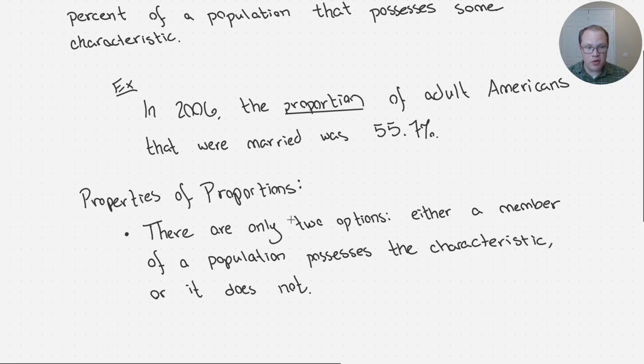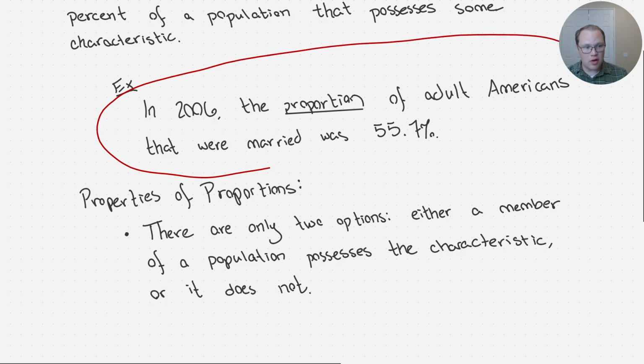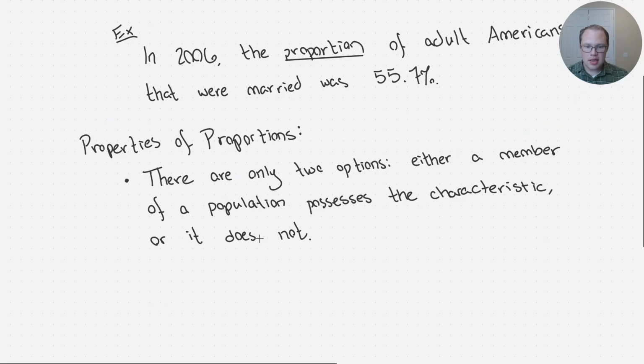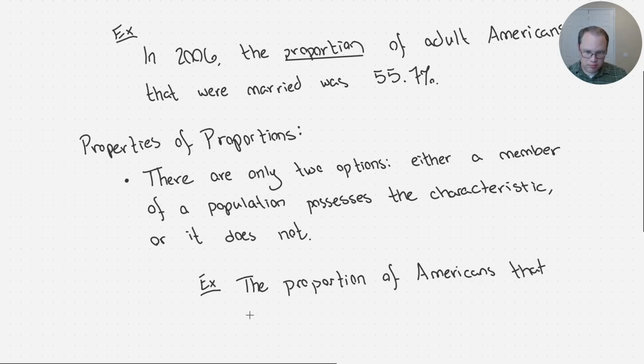So in our example above, where we're looking at the proportion of adult Americans that were married, and we know that's 55.7%, that means the proportion of Americans that were not married is, well, if we look at all Americans, that's 100%.